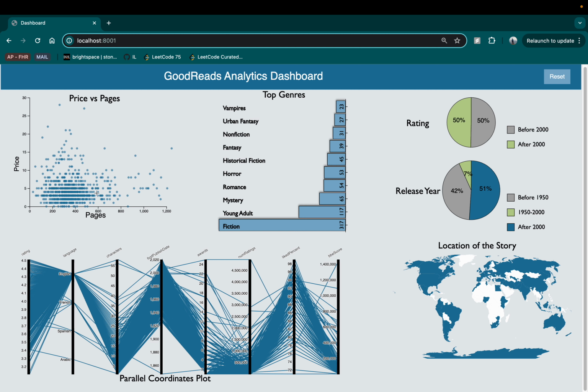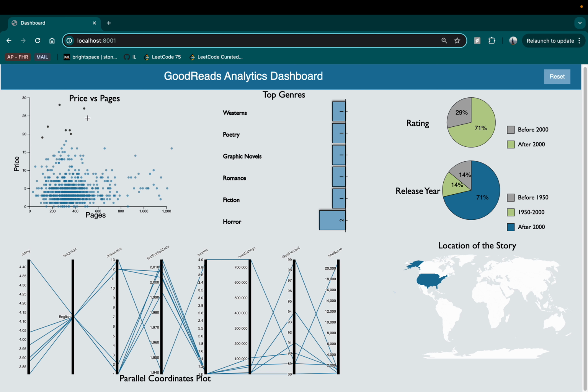Good evening, everyone. If we start off from price versus pages, the scatter plot, we have introduced brushing into the plot, which enables us to get a clearer and more in-depth observation of each and every specific book sold. If we select a particular range after brushing, we can find the direct and indirect correlation between all the parameters, as all the attributes change according to the books we have selected.